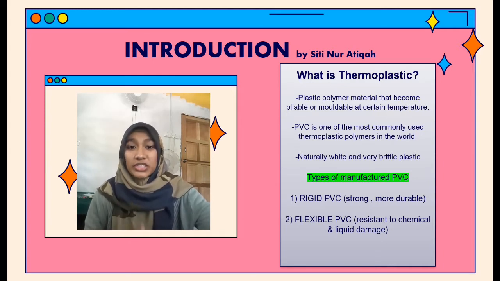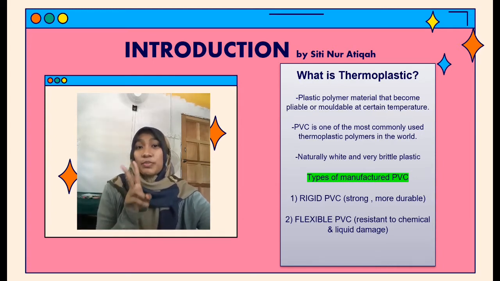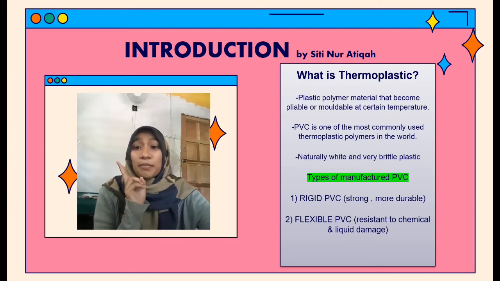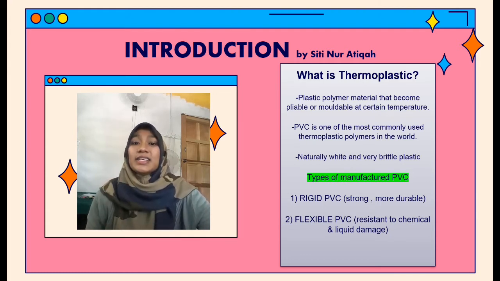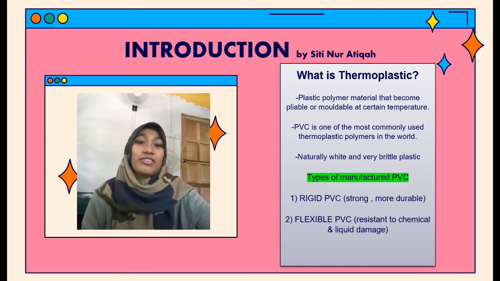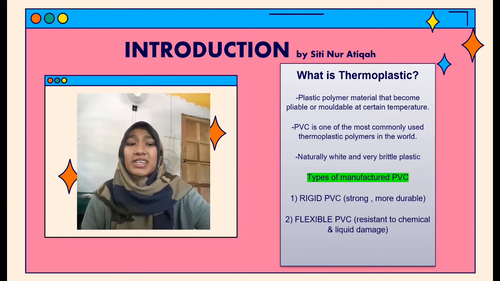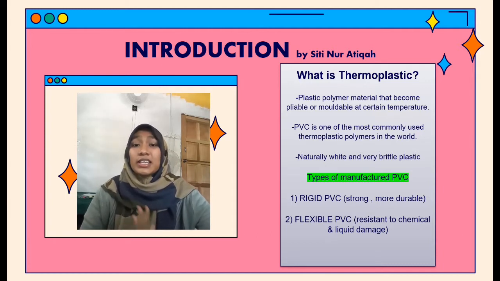PVC is manufactured in two general forms: the first is rigid or unplasticized polymer, and the second is flexible plastic. Rigid PVC can be stronger and more durable, while flexible PVC can be made to be resistant to chemical and liquid damage.